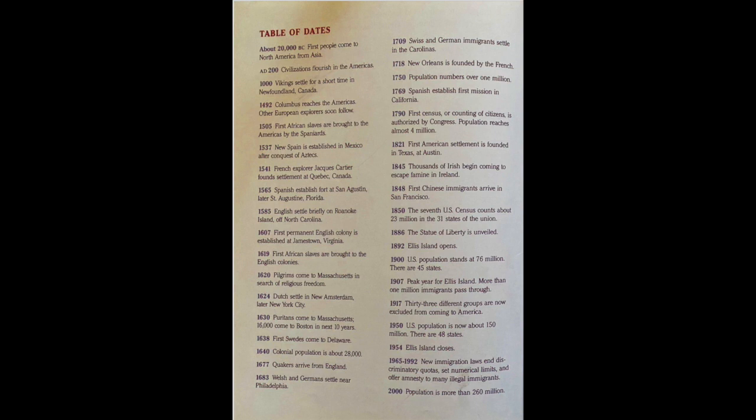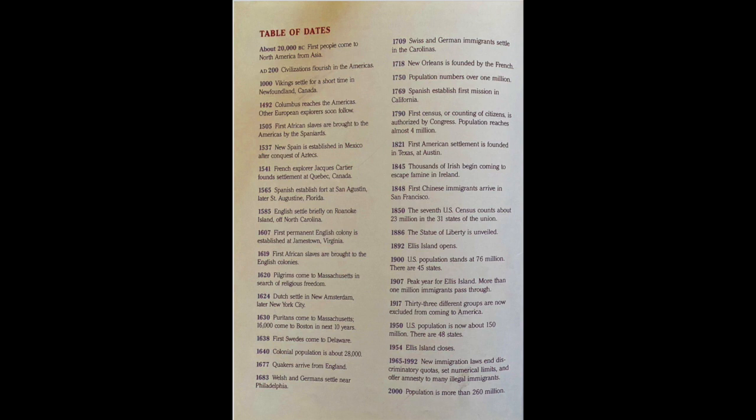1886, the Statue of Liberty is unveiled. 1892, Ellis Island opens. 1900, U.S. population stands at 76 million. There are 45 states. 1907, peak year for Ellis Island. More than 1 million immigrants pass through. 1917, 33 different groups are now excluded from coming to America. 1950, U.S. population is now about 150 million.